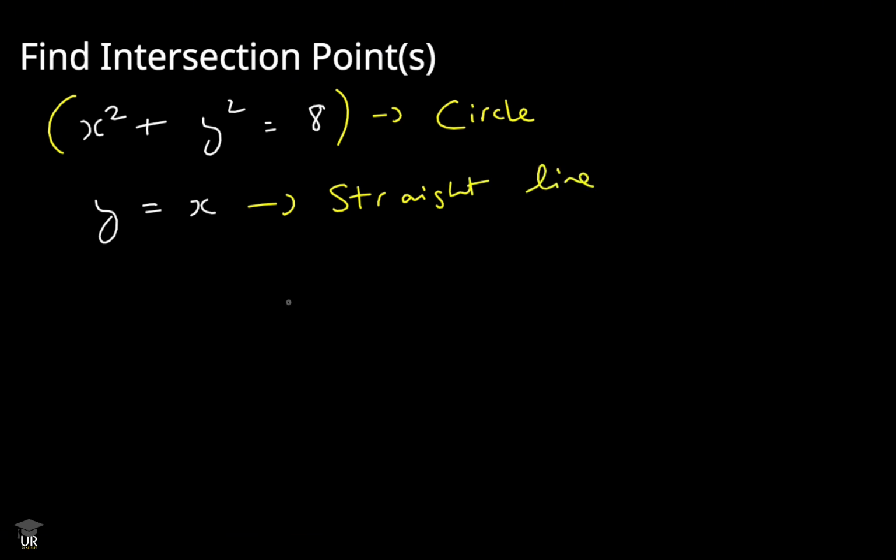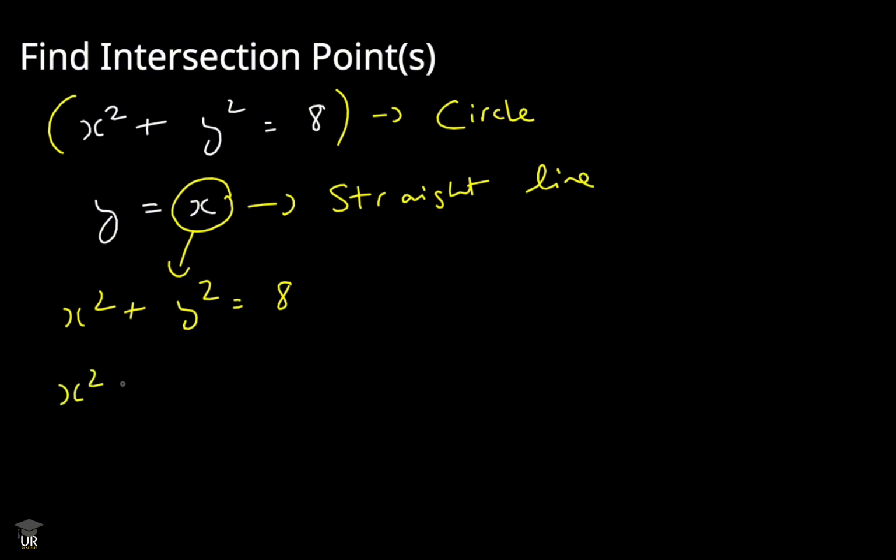So now in order to solve this and find the intersection points, we will simply use the substitution method. So I will write it again. x square plus y square is equal to 8. Now I can clearly substitute this x in place of y. So let's just do that.